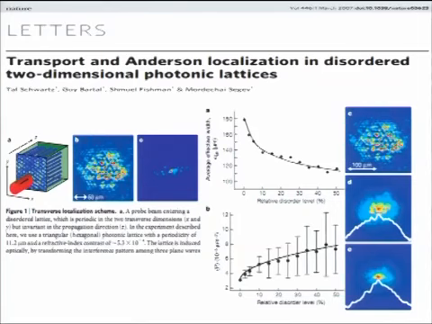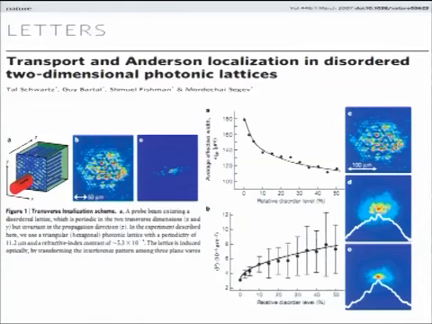The propagation direction mimics time, and then basically you look at what happens in the transverse direction. So if it's periodic, you get spreading. Now you can introduce randomness with other lasers. The difficult part in this experiment is to make it translationally invariant in the propagation direction and random in the transverse direction. This was basically the thesis of the student Tal Schwartz, and they actually succeeded to do it.